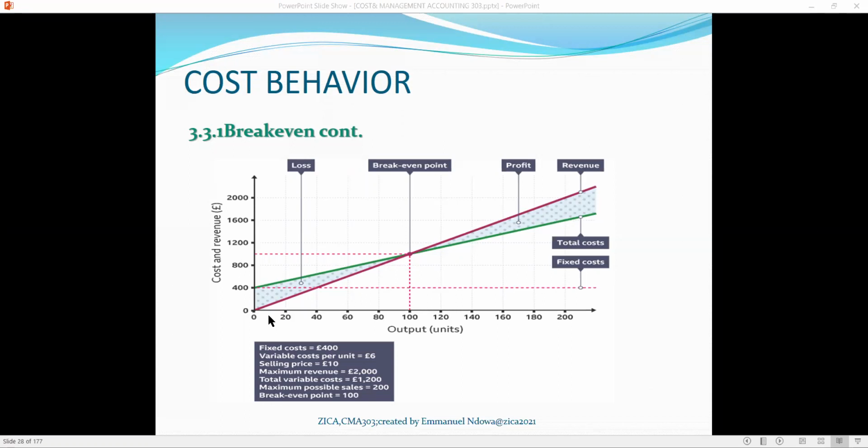Your fixed costs are being incurred with a higher level of production, so that will be in a position to cover your fixed costs and the variable costs. So that's the reason why we are saying, as the level of activity increases, not the revenue. Because when we refer to the level of activity, we are referring to the units.